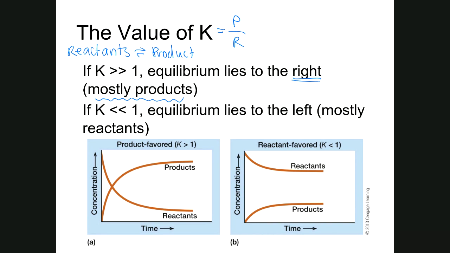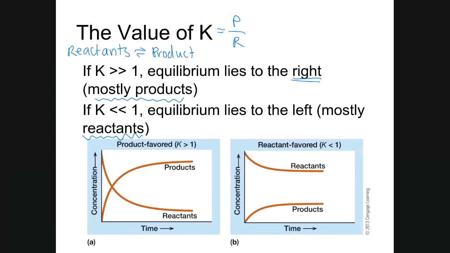If K is less than 1, we're looking at mostly reactants, because if we have more reactants than products, that means we have a bigger number in our denominator. A bigger number in the denominator than in the numerator gives a value of K less than 1. And if you ever forget this idea, just plug in random numbers.